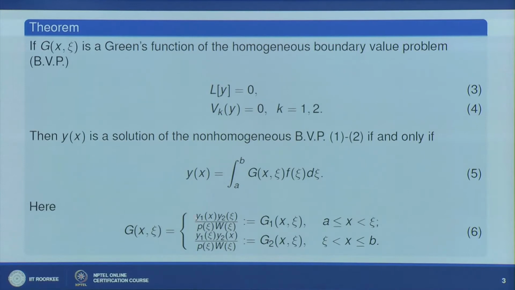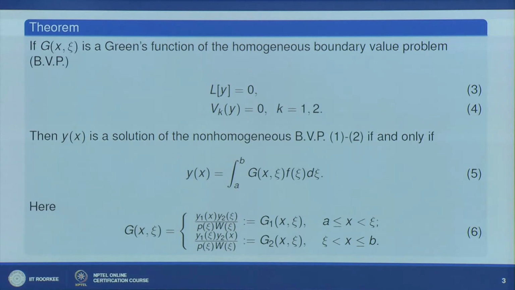So if you remember, y1(x) is the solution of the problem Ly = 0 satisfying the boundary condition specified at the point x = a. Similarly, y2(x) is a solution of Ly = 0 which satisfies the boundary condition specified at x = b.